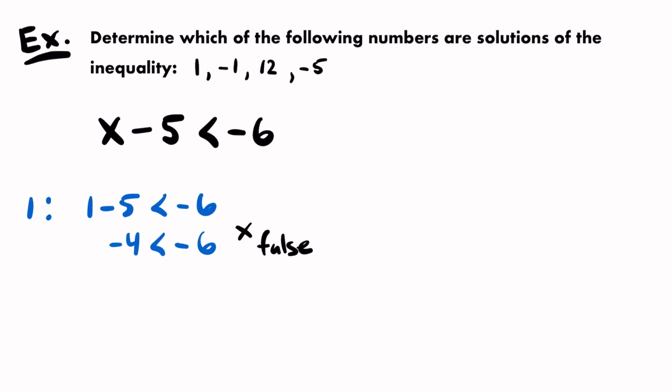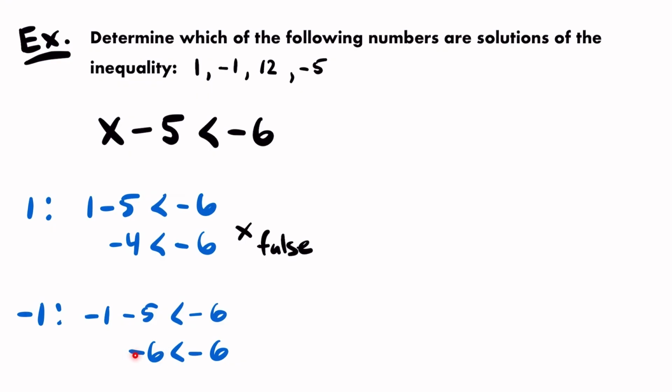All right, so then let's check -1. If we let x be -1, what will happen? Once again, you want to replace this x with -1, so you'll have -1 minus 5 is less than -6, and -1 minus 5 is -6, so we have -6 is less than -6. Now you might be tempted to say that this is true at first, but you have to be careful. This is not an equation, right? This is not an equal sign between these two numbers.